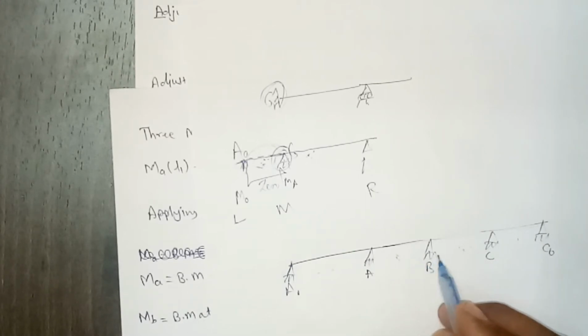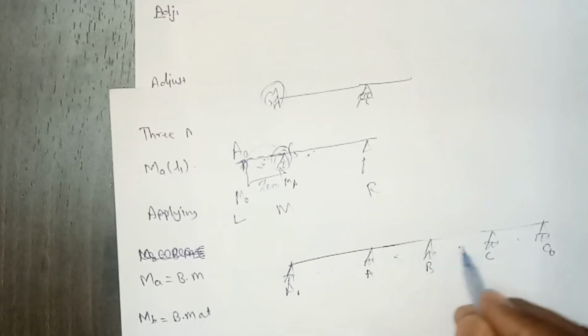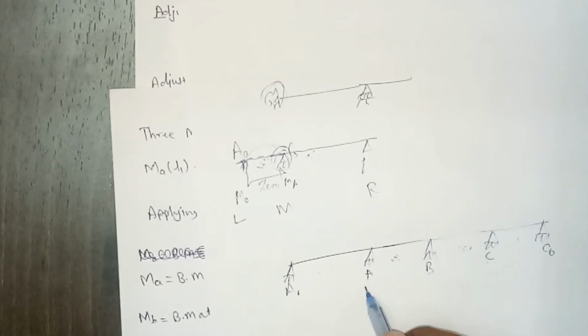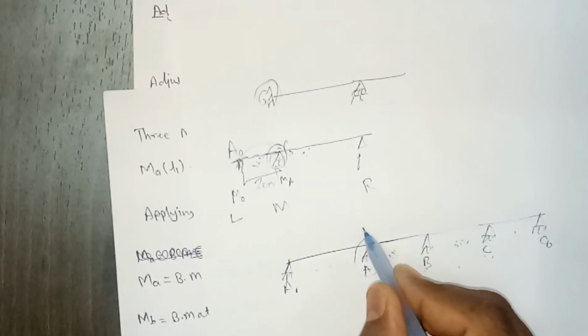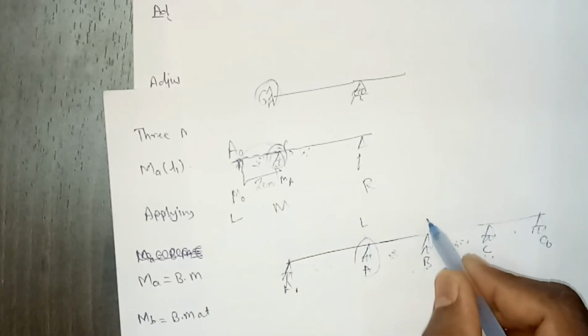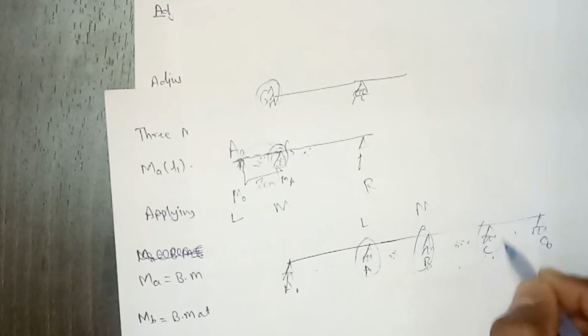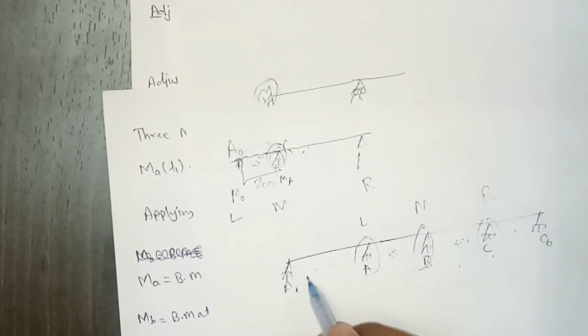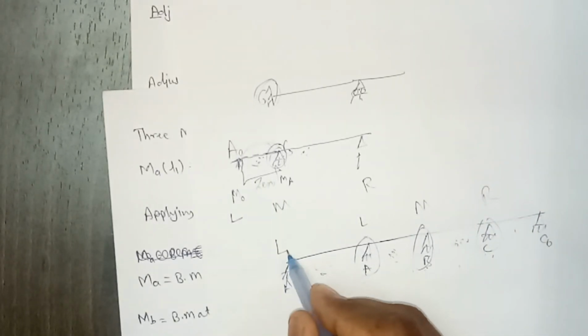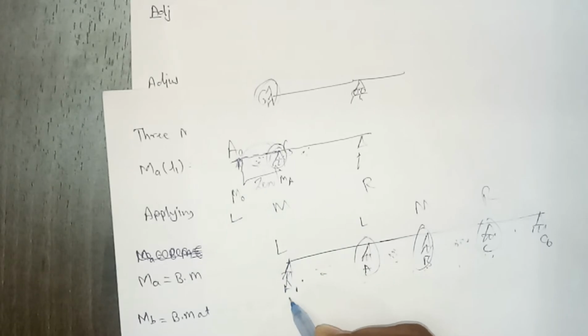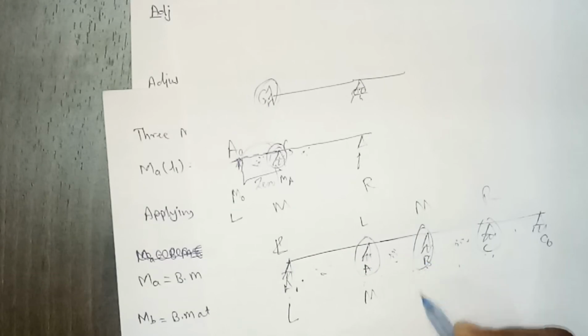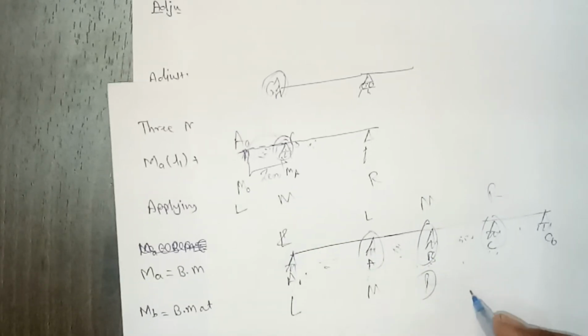Say we are using it for A, B, C, or the AB and BC spans, right? So for these two consecutive spans, this is my left support, this is my middle support, this is my right support. If you are using it for this, then A0 will be the left support, A will be the middle support, and this will be the right support, right?